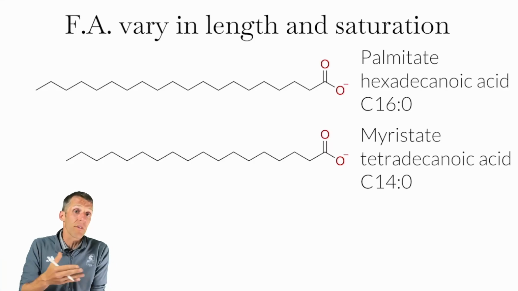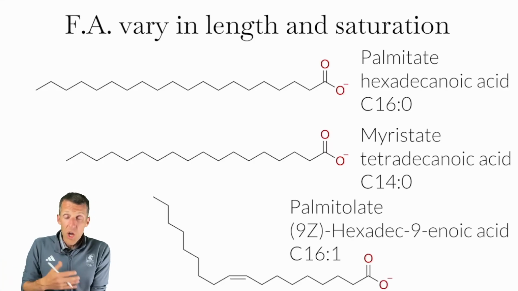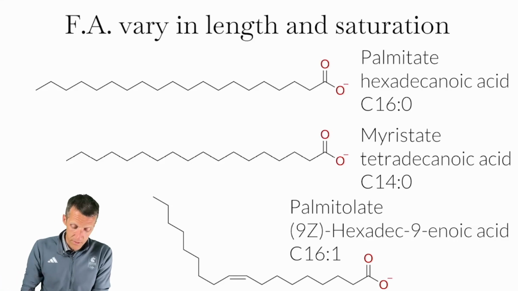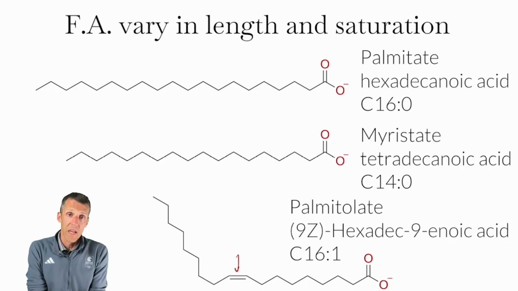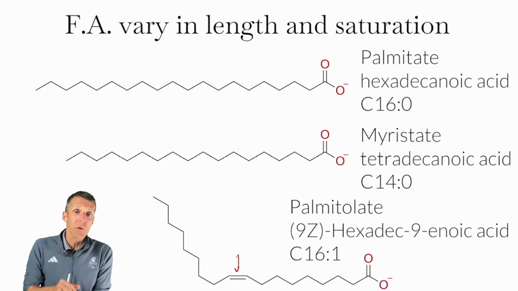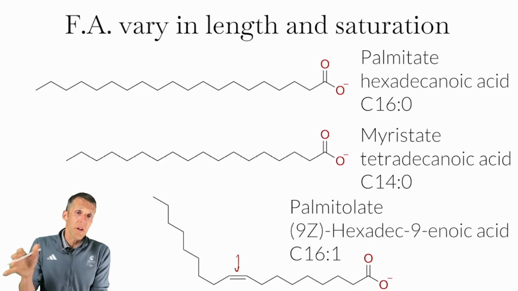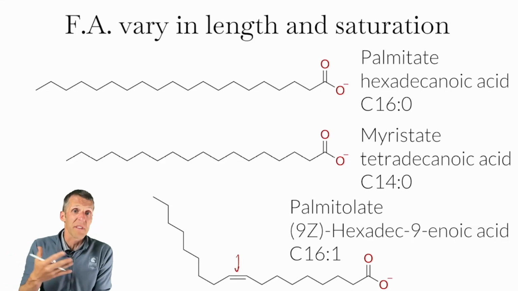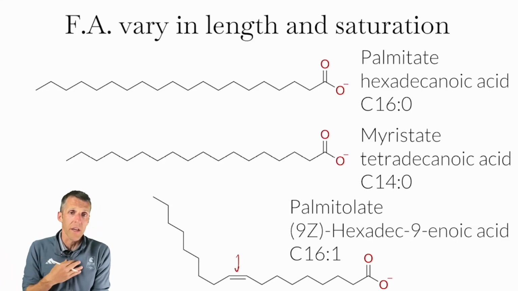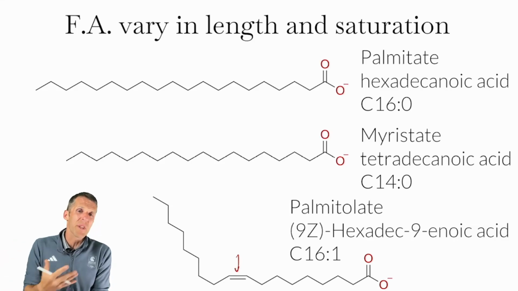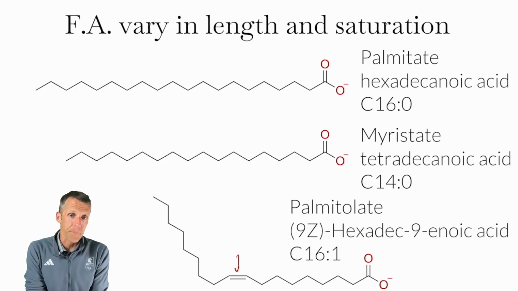So you can vary the number of carbons in the chain. You can also vary the number of double bonds. And so this fatty acid here is a C16 fatty acid, but it has a single double bond in it. So when you start looking across biochemistry, what you'll start encountering is, well, there are fatty acids, and then there are fatty acids that have different chain lengths and different double bond character. And once we get into fatty acid metabolism, we'll start taking that apart in more detail.